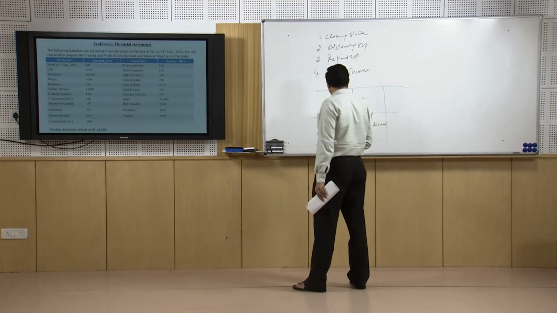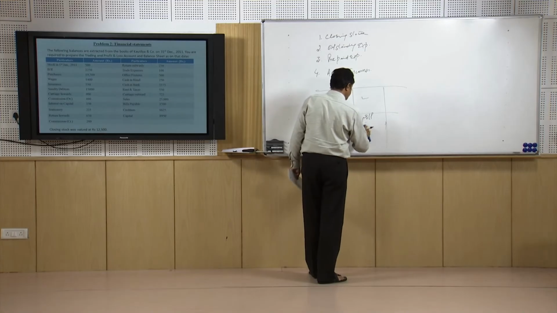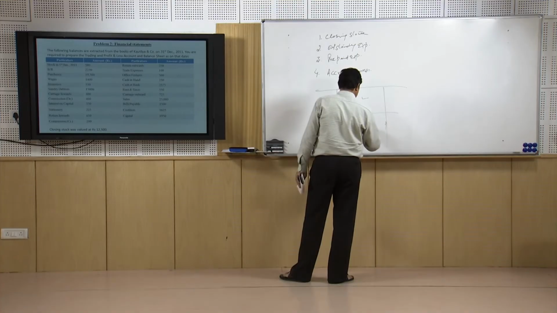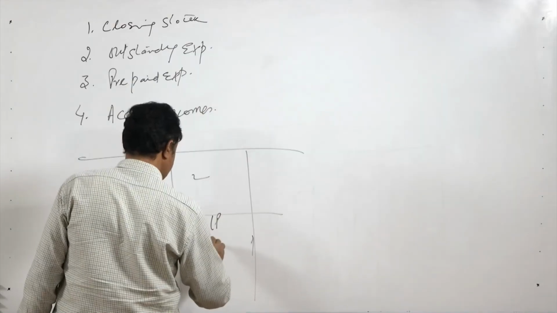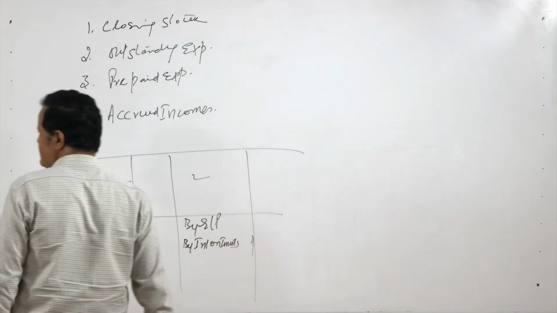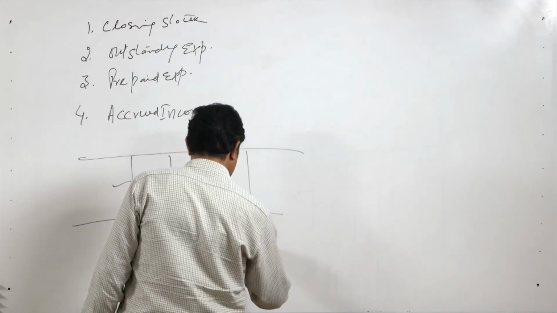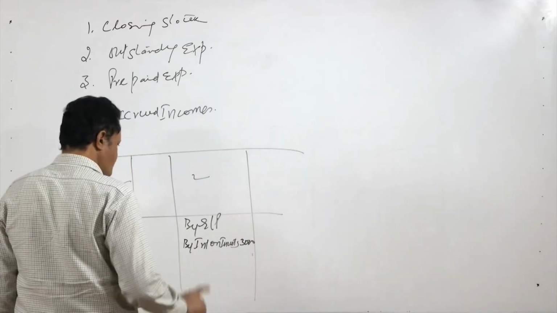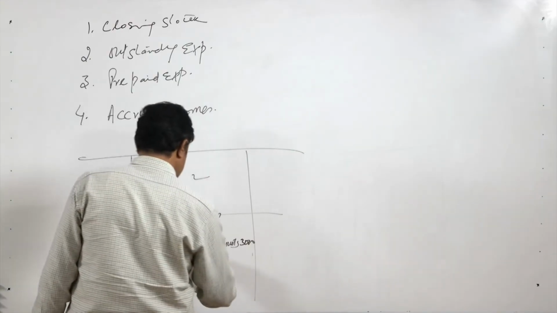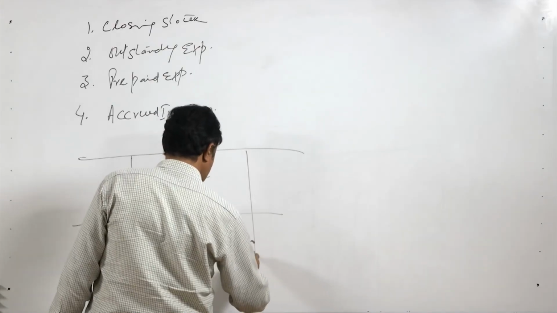We will have to take both the interest items. One is 'By gross profit', then 'By interest on investments'. Interest on investments, already given in the upper part in the trial balance, is 3000 rupees. Put it in the inner column. Then you will say 'Add accrued interest', say 2000 rupees.